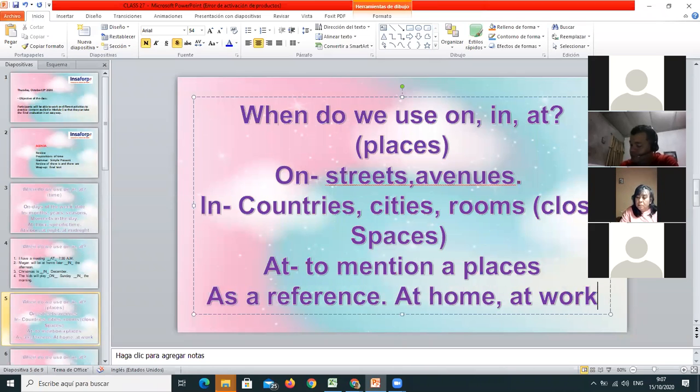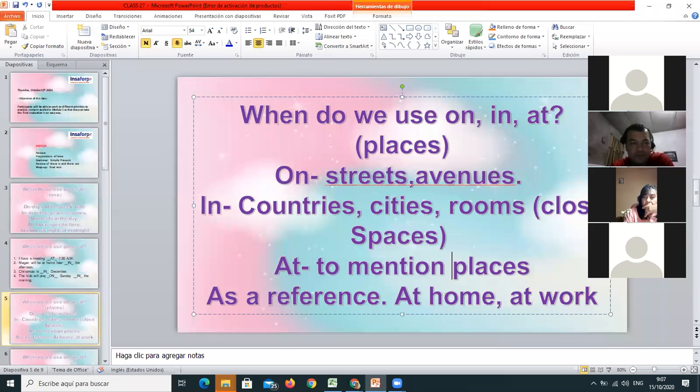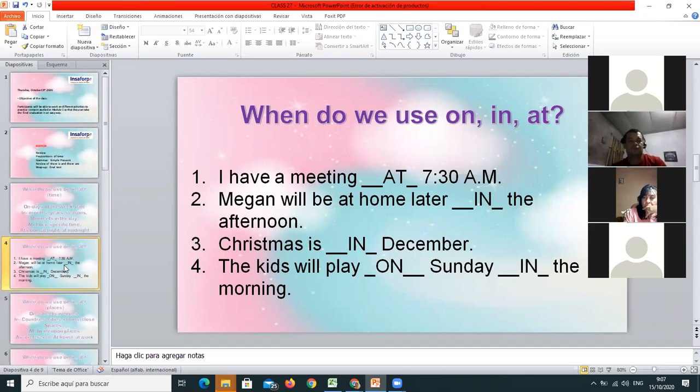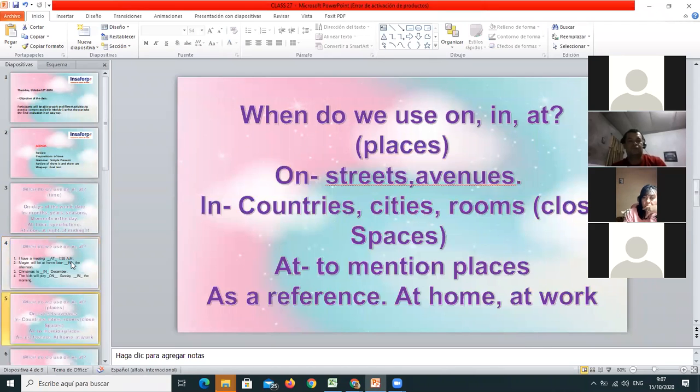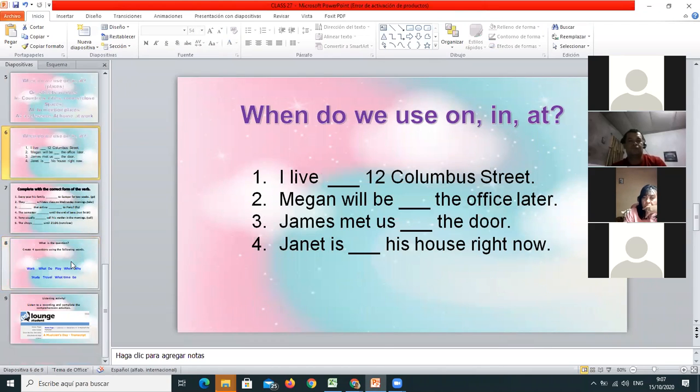On streets and avenues, in countries, cities, rooms, closed spaces, and at, to mention places as a reference. That is the difference between on, in, and at. So now, look at the following sentences then. I live, what is the preposition?